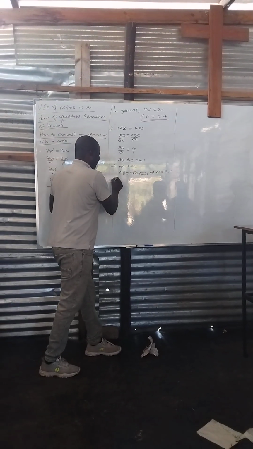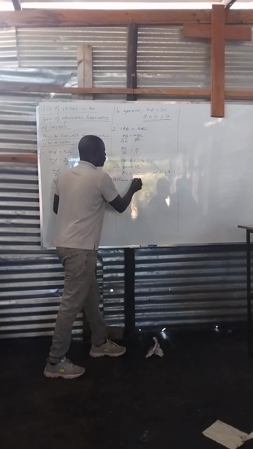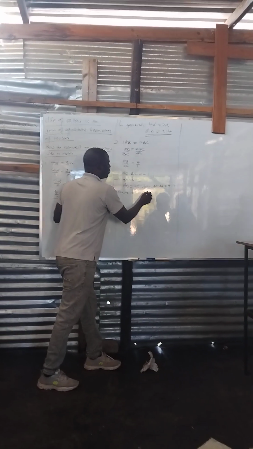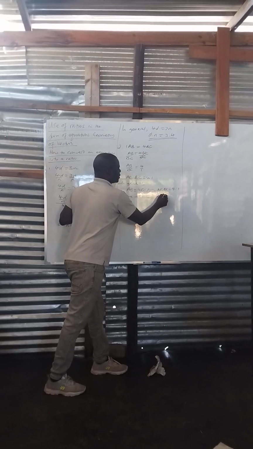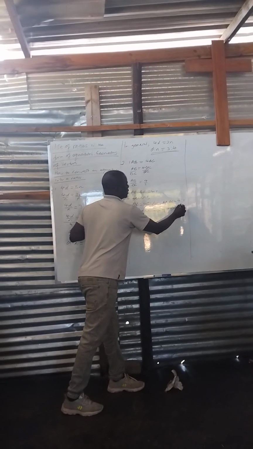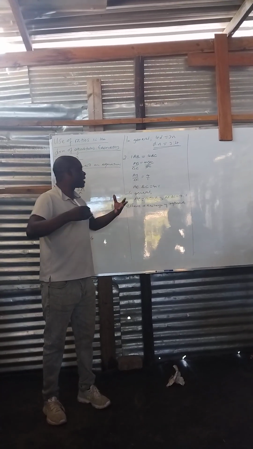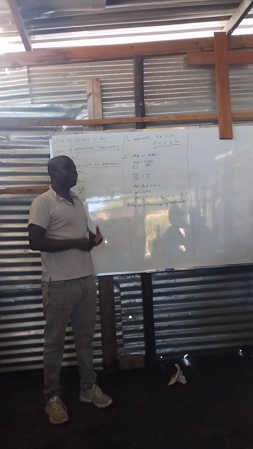So there is an exchange of coefficients. Exchange of coefficients. This is how you convert an equation into a ratio.